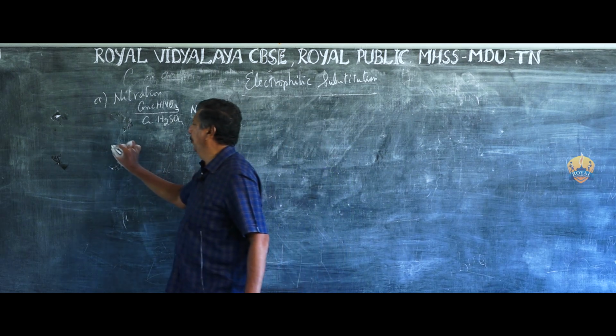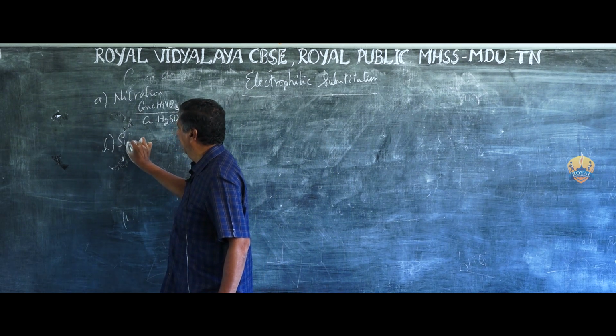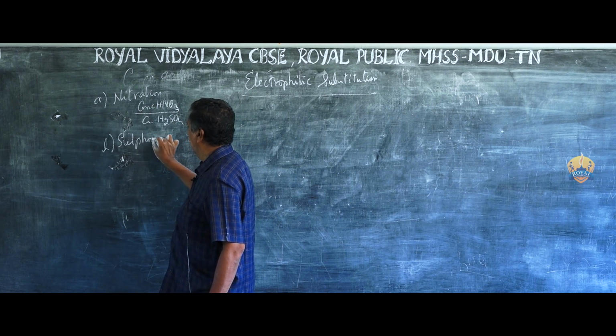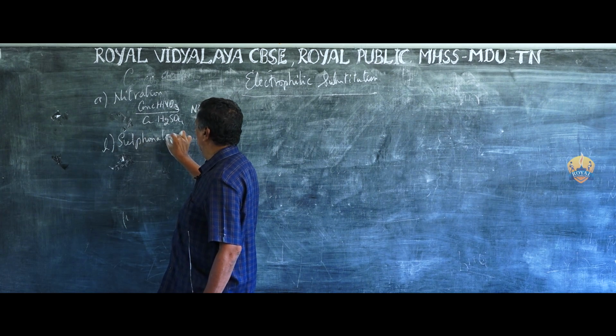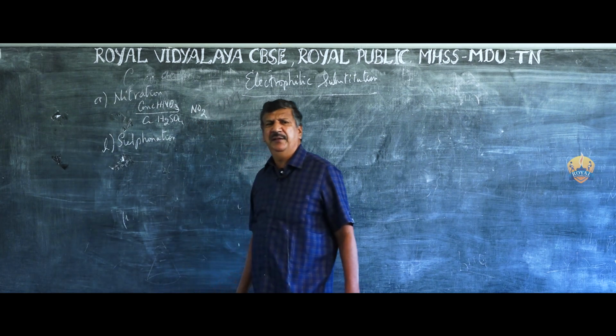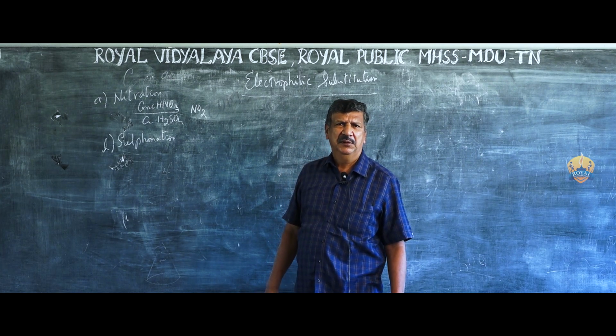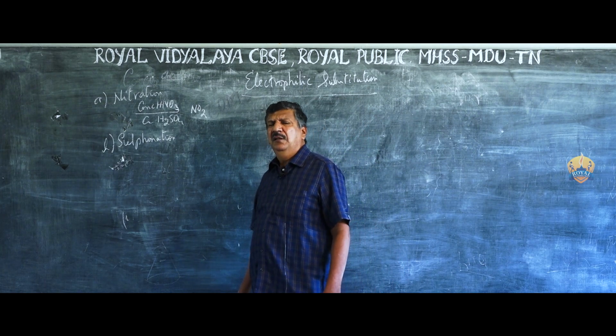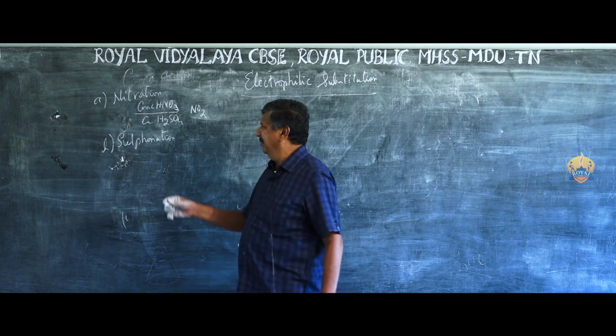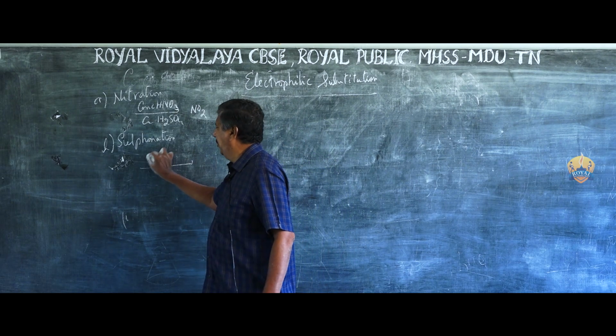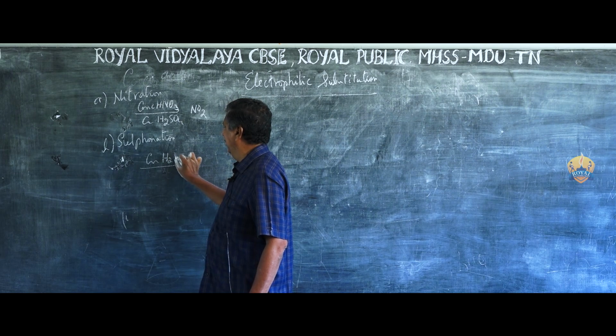Then they'll tell you sulfonation. Of course, this is rare. Even though it's rare, you should understand, because somebody may go for a competitive exam. What do you expect from me? Sir, you treat with sulfuric acid.